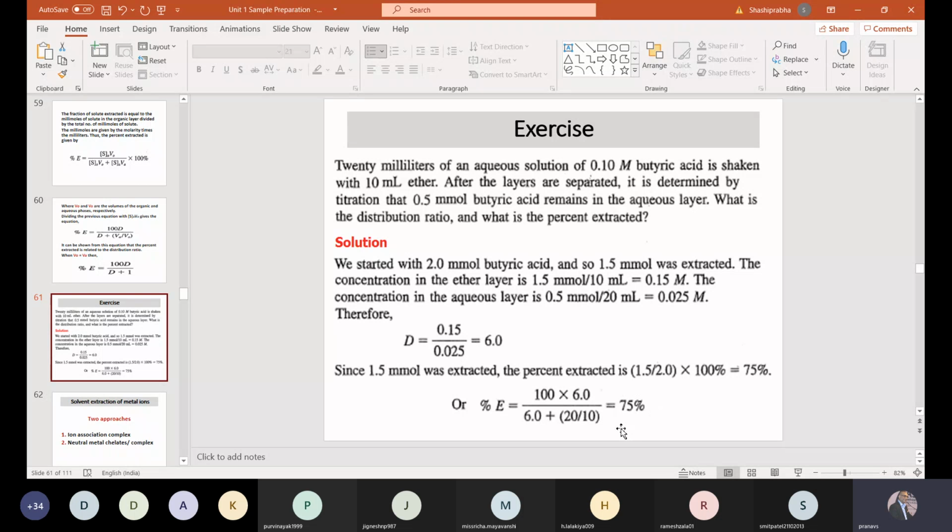So there is 75% extraction when the D value is 6, starting with 10 ml of ether and 20 ml of aqueous phase of 0.1 molar butyric acid.